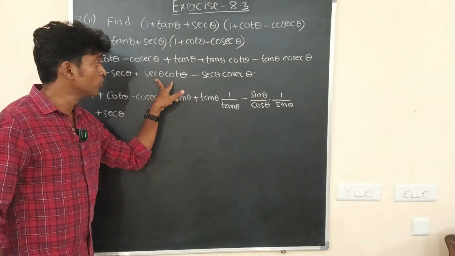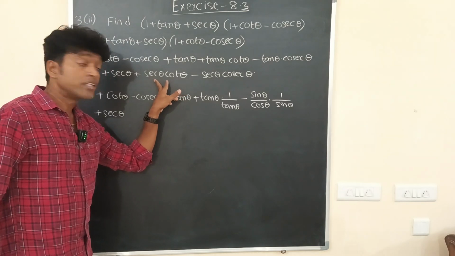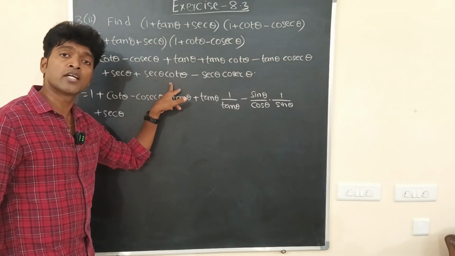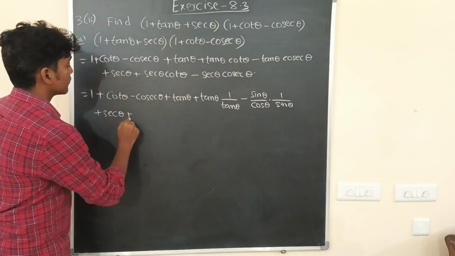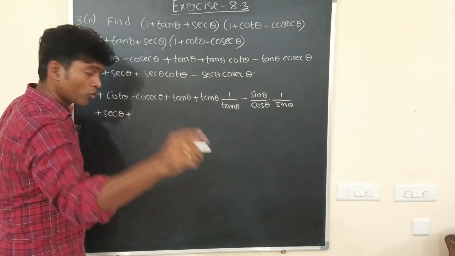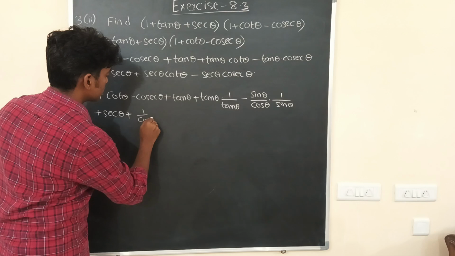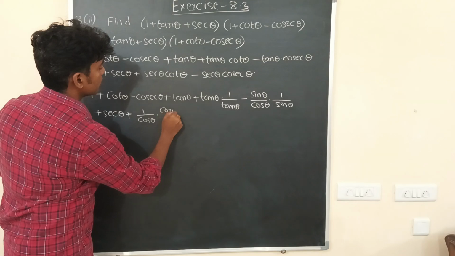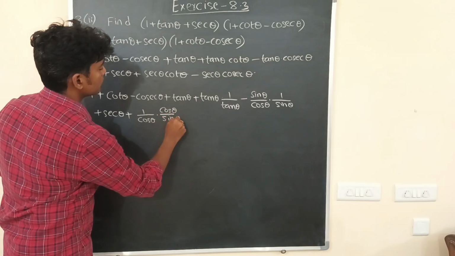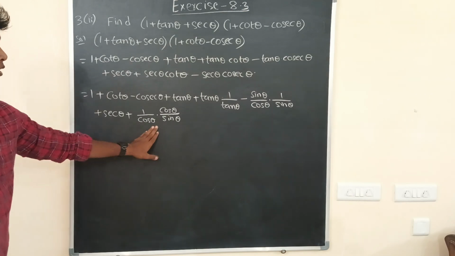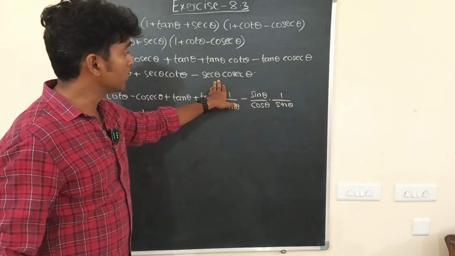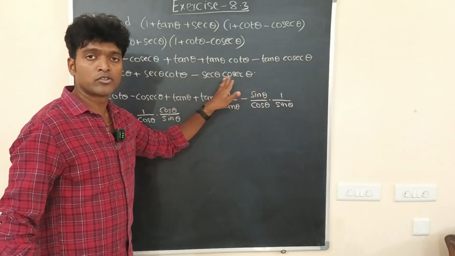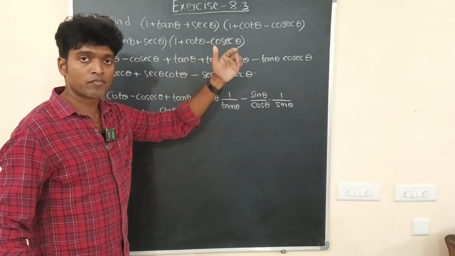Again two terms, and these two don't have any relationship between them, so write these two in terms of sin and cos. So secant is 1 by cos theta, into cot, which is cos theta by sin theta. Next term again has two terms with no relation, but if you write 1 by sin and 1 by cos, there is no use, because in the numerator we will get 1 for both.